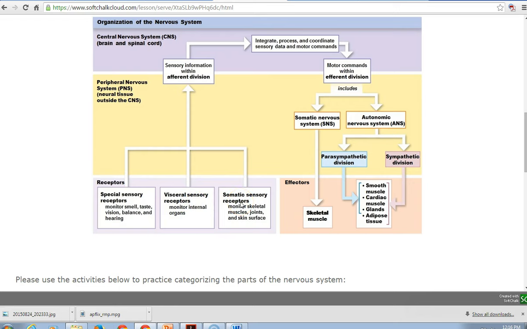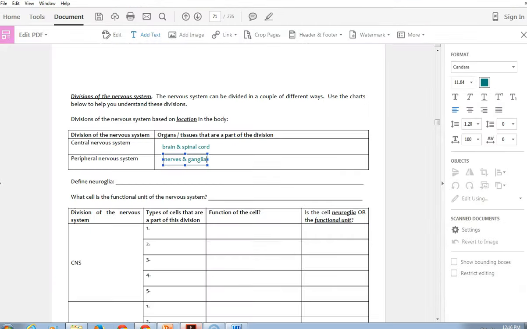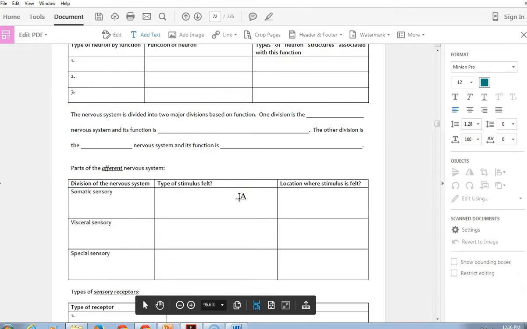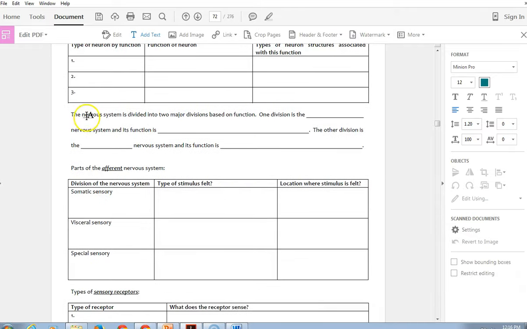Depending on the type of information and where it's coming from, it goes into a different subdivision of sensation. Okay, so let's go back here to our notes packet and down a little bit. The nervous system is divided into 2 major divisions based on function. One is called afferent, and what's happening there is that sensory information is delivered to the central nervous system for processing.